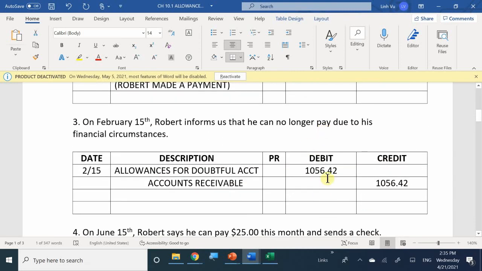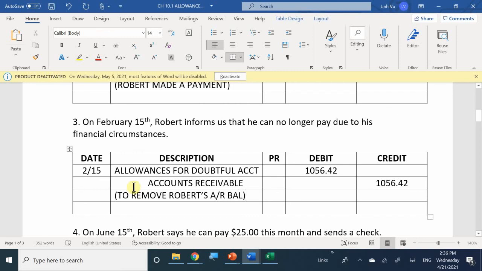Okay, so there we go, 1056.42. All right, and then I'm also going to make a note here to remove Robert's accounts receivable balance.